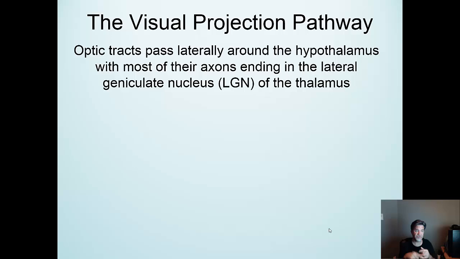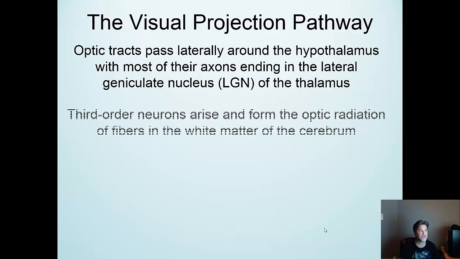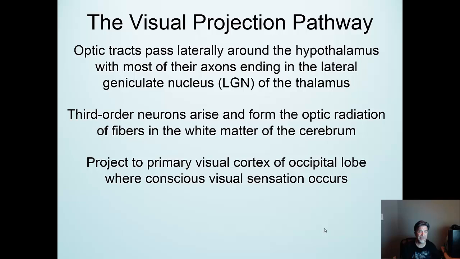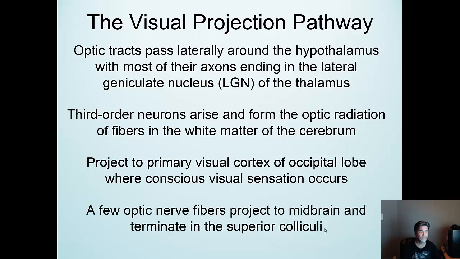And then from the lateral geniculate nucleus of the thalamus, we'll have these huge optic radiations that will go back to the occipital lobe. And in the occipital lobe, we'll invert the images, fix them, make them in the correct orientation, and do all the color mapping we need to do, all the light detection that we need to perform here.